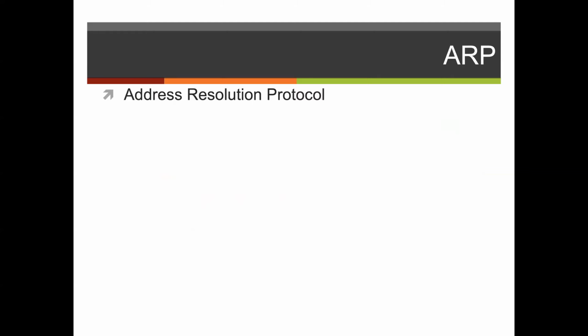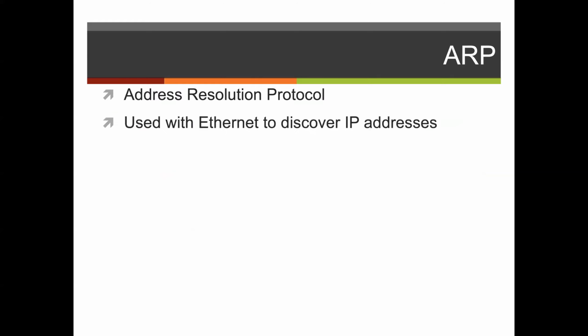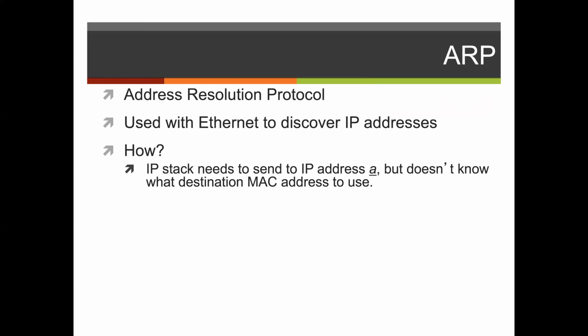And so in this, we incorporate the Address Resolution Protocol. We use it with Ethernet to discover IP addresses. And so how is this done? The IP stack needs to send to IP address A, but doesn't know what destination MAC address to use.